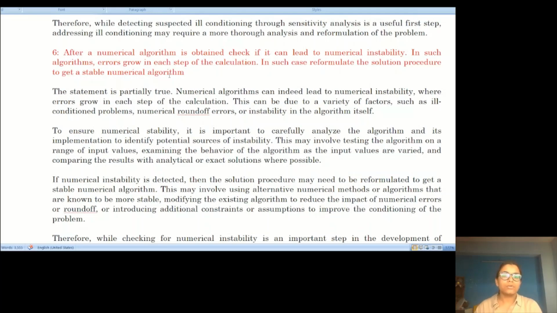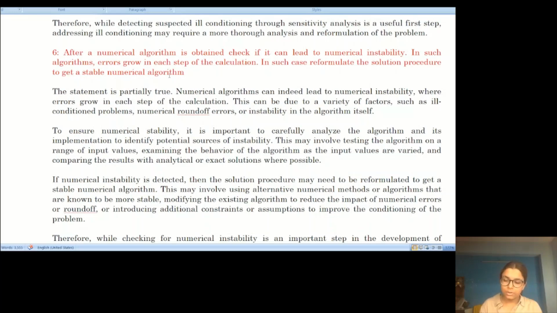So to ensure numerical stability, it is important for us to carefully analyze the algorithm and identify the potential sources of instability, to find out whether the instability is there or not.